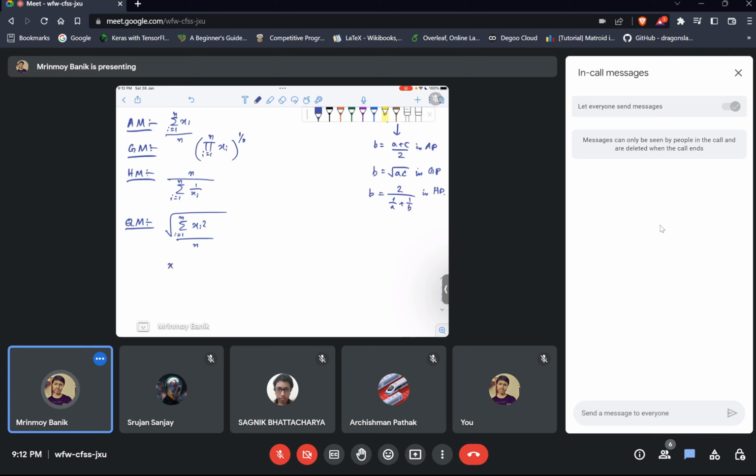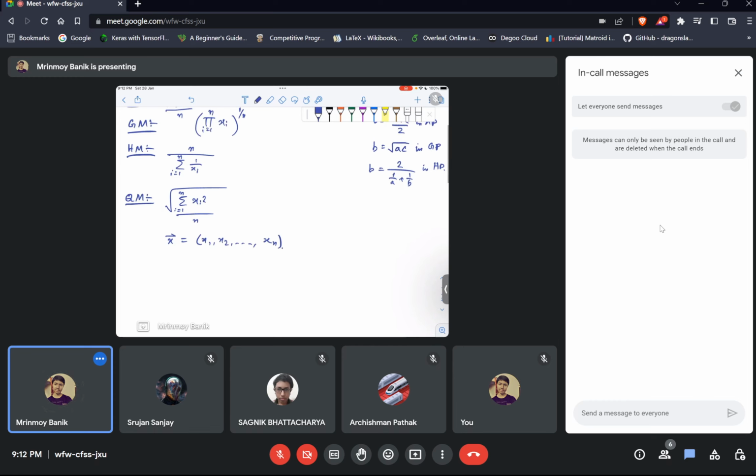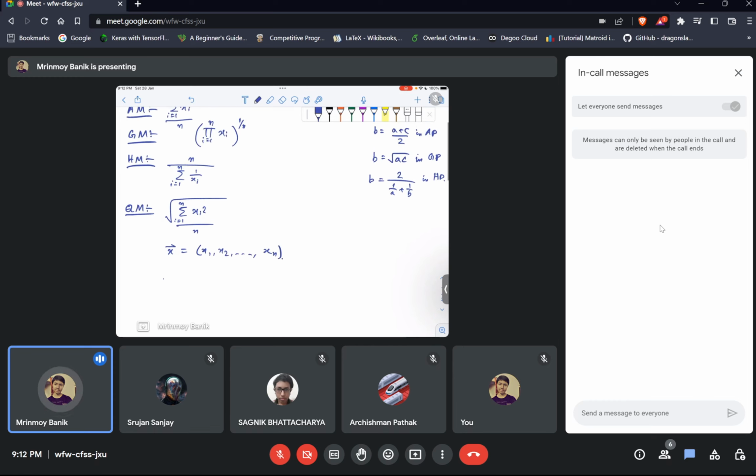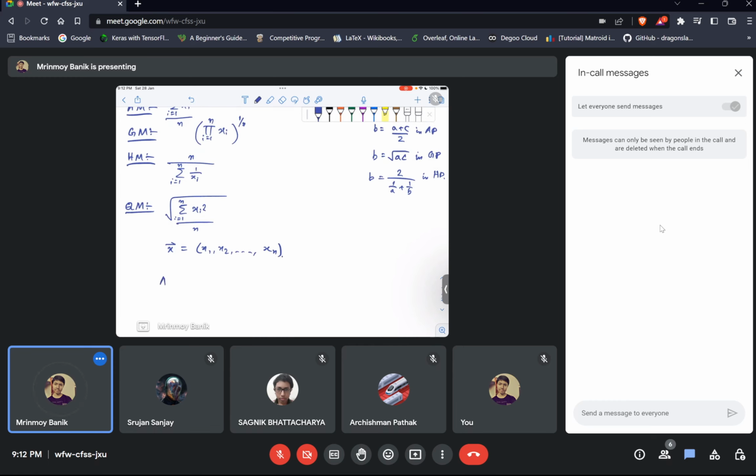If you have a vector x, which is x1, x2 up to xn, then the quadratic mean of this vector is the largest among the four.